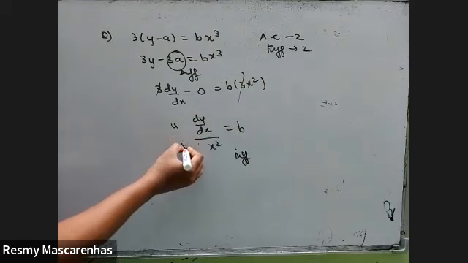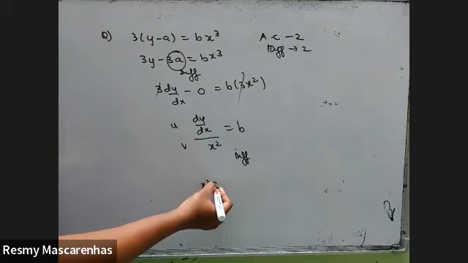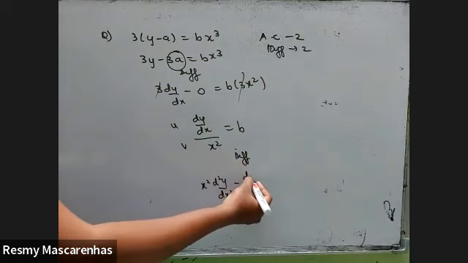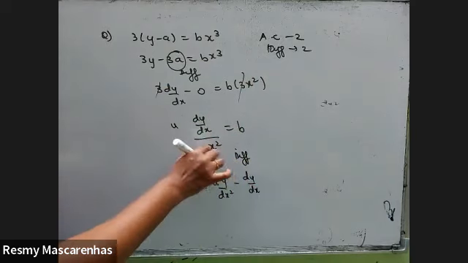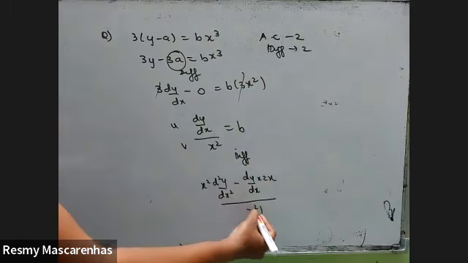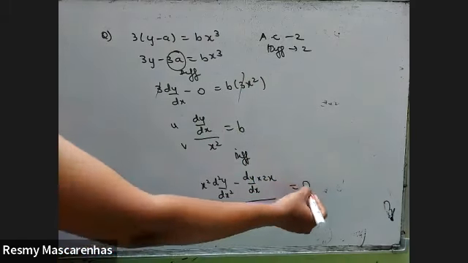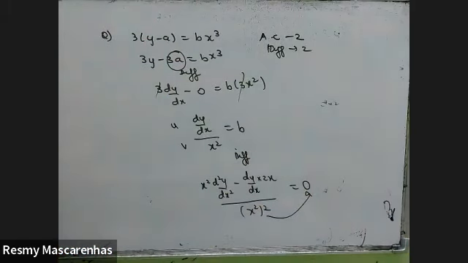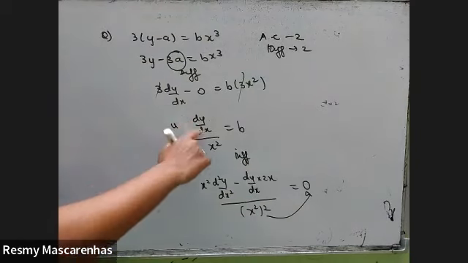This is the u upon v rule: v into derivative of u minus u into derivative of v, upon v square, is equal to 0. This whole thing will go and get multiplied by 0 and become 0. I've used the u upon v rule.